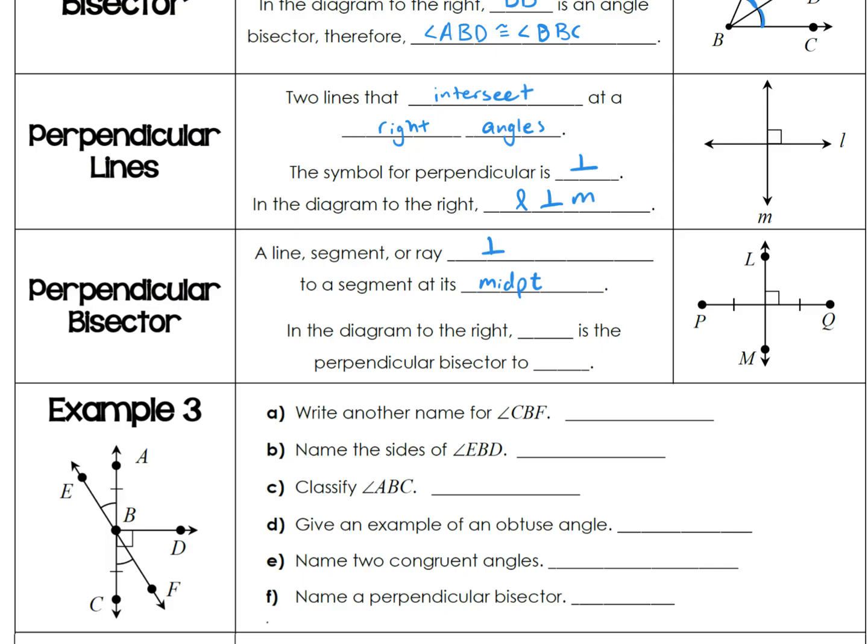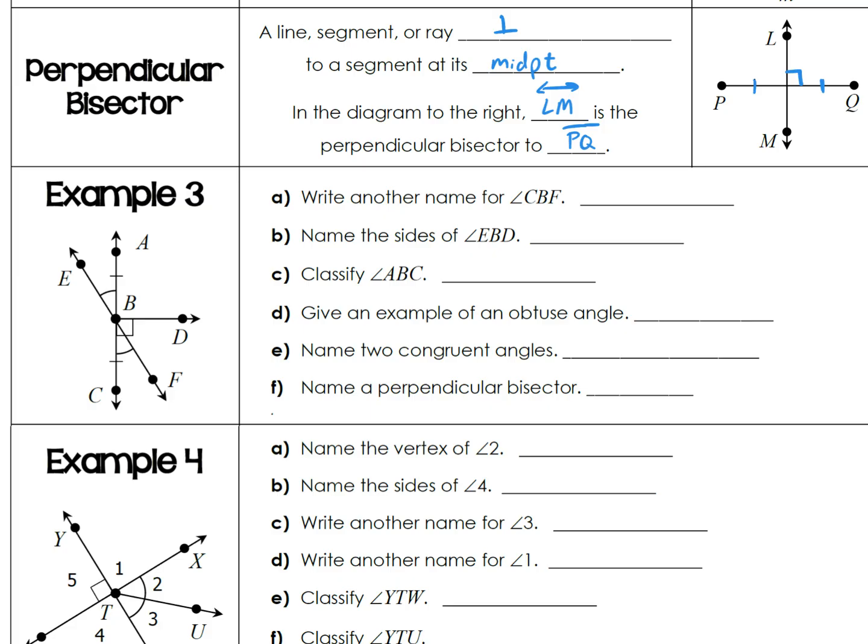In the diagram to the right, line LM, make sure you have the hat, is a perpendicular bisector to segment PQ. And so if you look over here at the picture, you can see we have the right angle symbol. So we know that LM is perpendicular to PQ, and PQ has the little segments. So therefore we know that both pieces of that segment are congruent to each other.